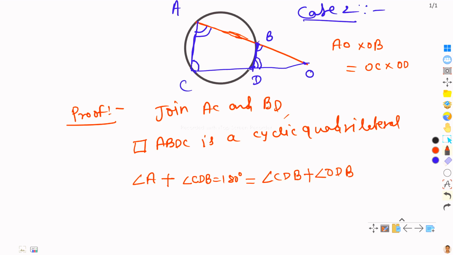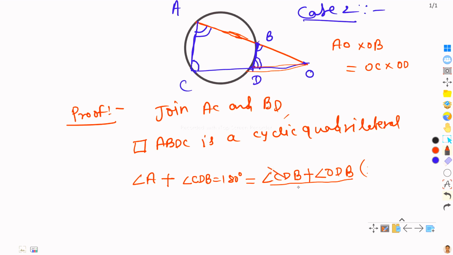Why? Because they form a linear pair. CDB and ODB form a linear pair.